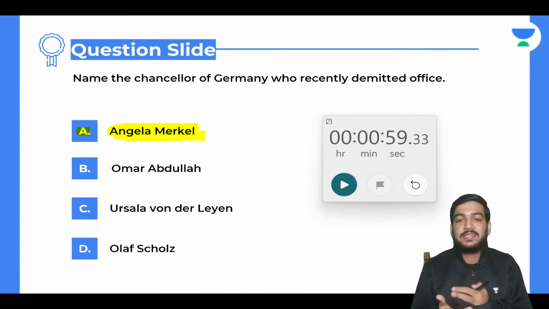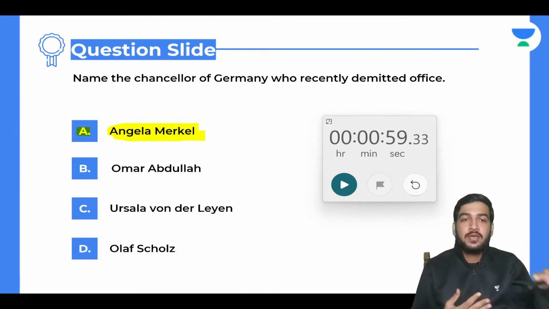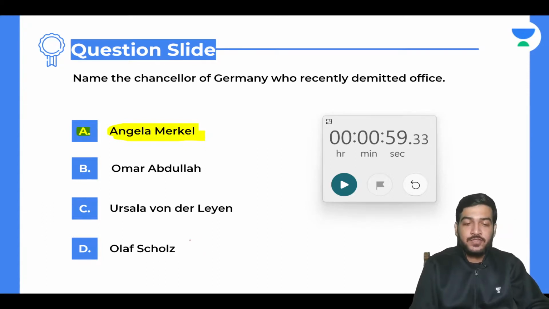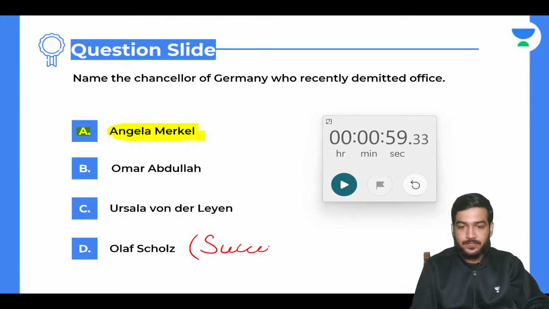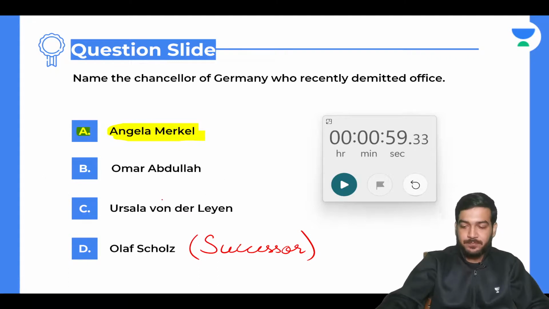So it was realized that she is almost unable to run the office on health grounds. Olaf Scholz is her successor as Chancellor. So the answer is A.